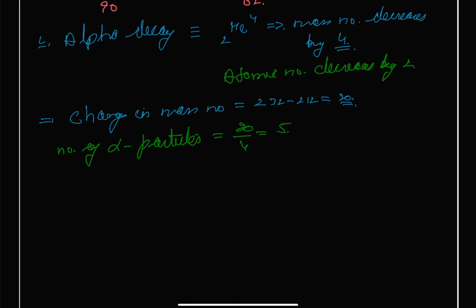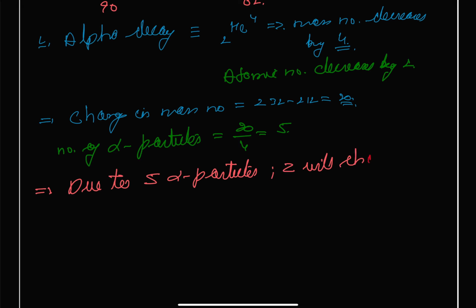So we can say that therefore due to 5 alpha particles, Z will change by 10 units.